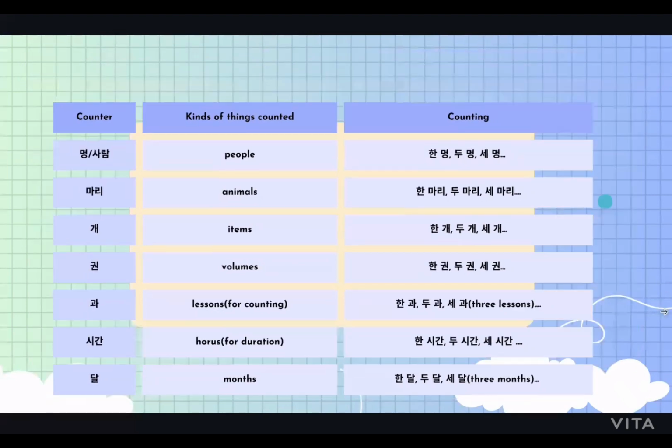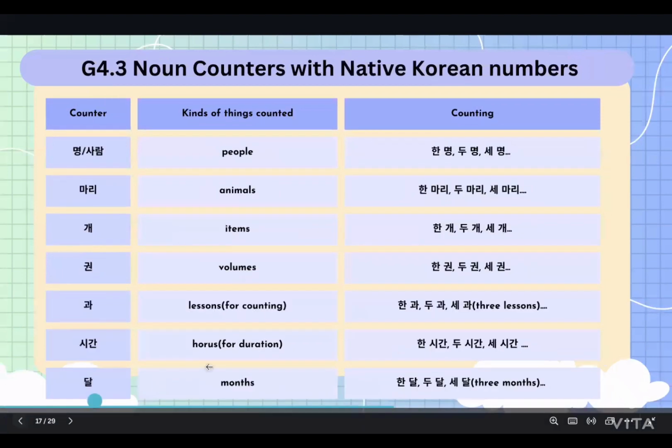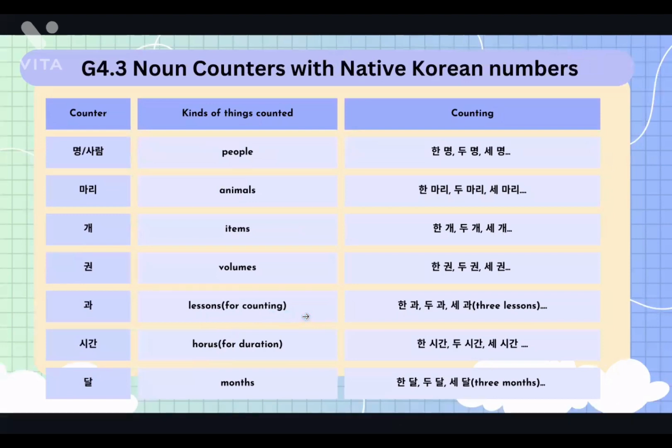자, then let's go to Sino-Korean numbers. You can contrast Sino-Korean numbers and native Korean numbers, right? 자, on the other side, Sino-Korean numbers are used for floor or layer, 층, and lesson number. So this is 과. This is lesson number. The one before, we just learned, is lesson for counting. So how many lessons this book has, then 3 lessons.